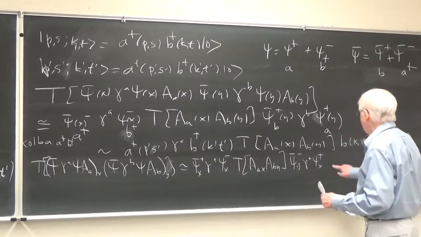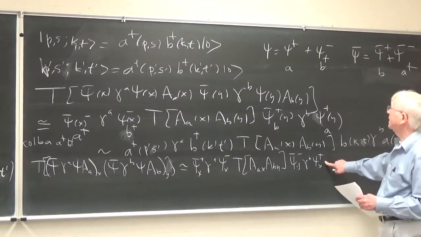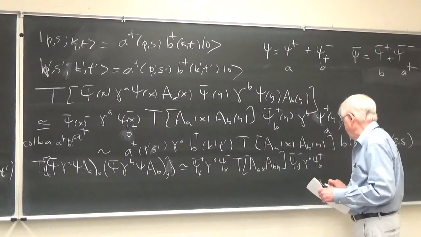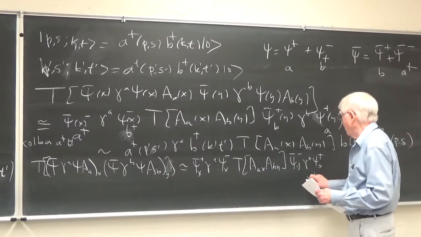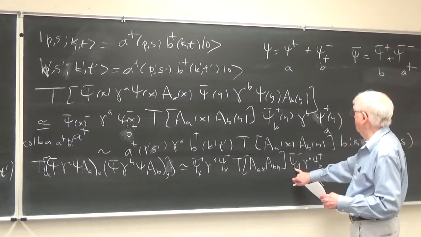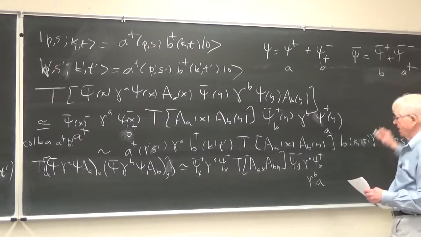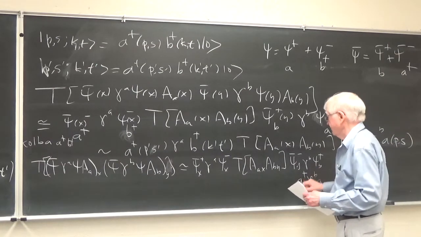That's because ψ⁺ gives us an annihilation operator for an electron. ψ̄⁻ gives us a creation operator for an electron.